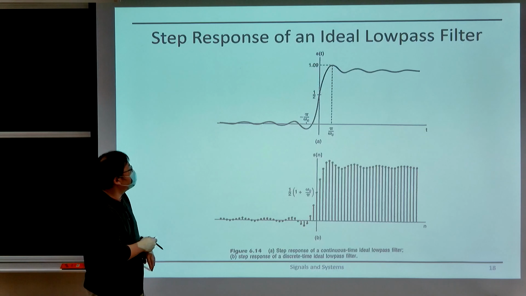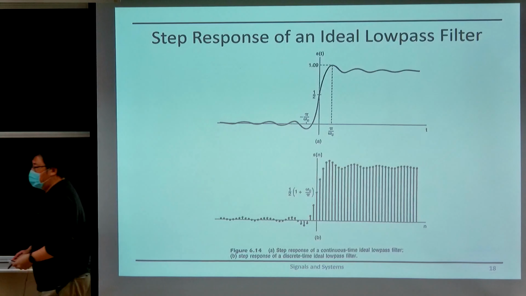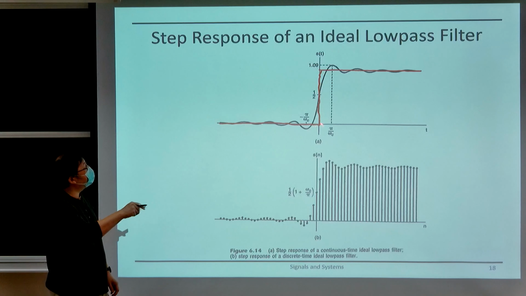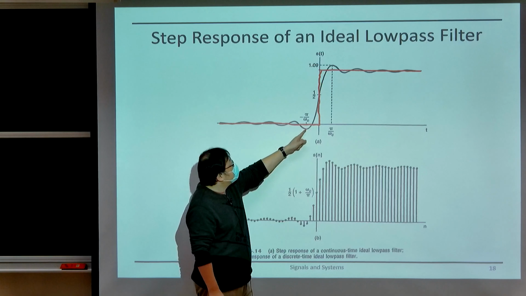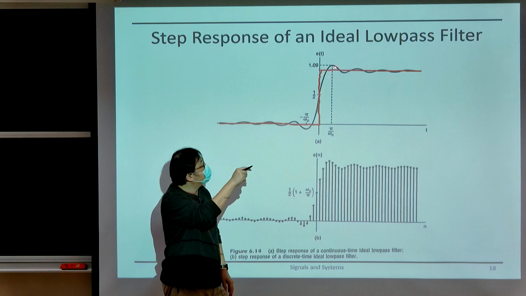First of all, compared to an ideal step function that would be 0 on the negative axis, jumps up to 1, and then stays perfectly at 1 afterwards, the step response here takes some time to go from 0 up to 1.